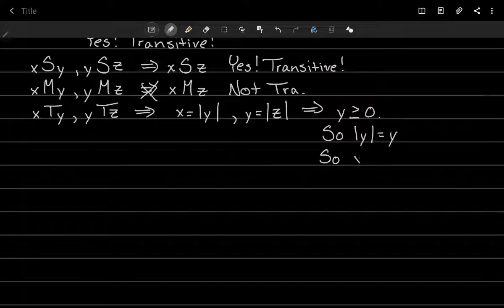All right, so now we're ready. x is going to equal, well, we said absolute value of y, but that's the same thing as y, which is the same thing as absolute value of z. So we actually do get x related to z, because I need x equal to absolute value of z, which I have. So this one actually does work. It actually is transitive.